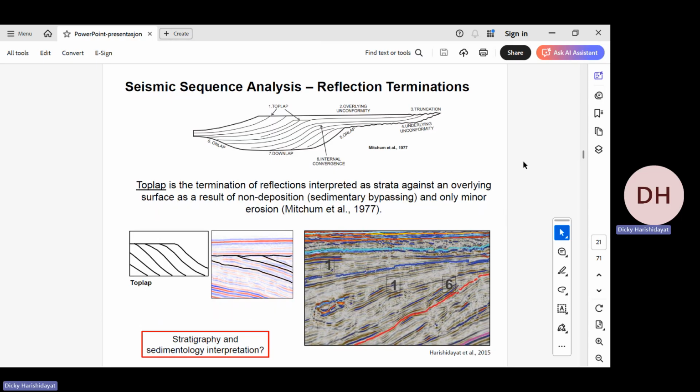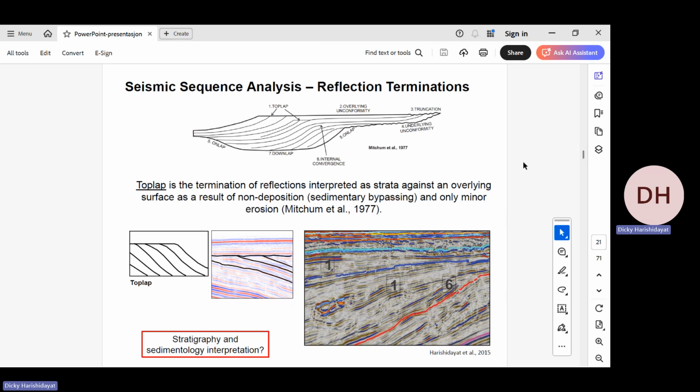And another reflection termination is called toplap. In toplap, the termination of reflection is interpreted as strata against an overlying surface as a result of non-deposition and only minor erosion.